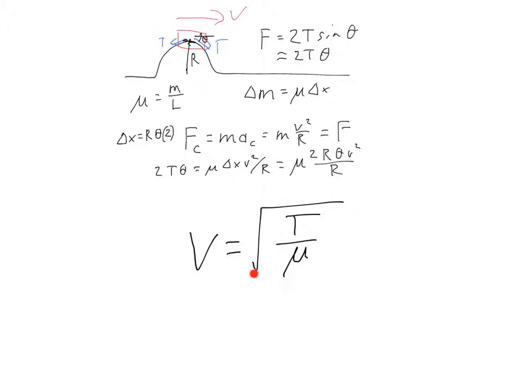So that at least makes intuitive sense to us, and if you look at the units, you'll see that you get units of velocity. So that's just a nice little check. But now we have a way of relating the velocity of the wave to physical measurements: the tension in the line, which we can measure, and the linear mass density, which we can also measure.